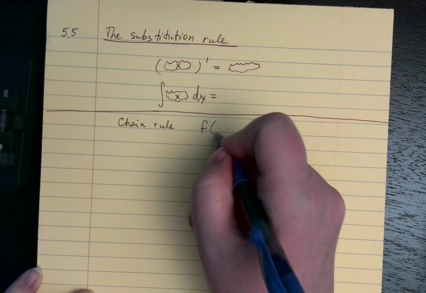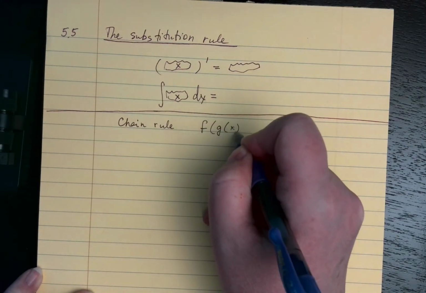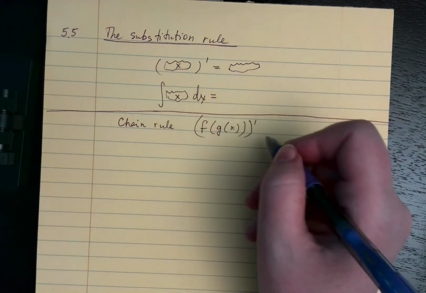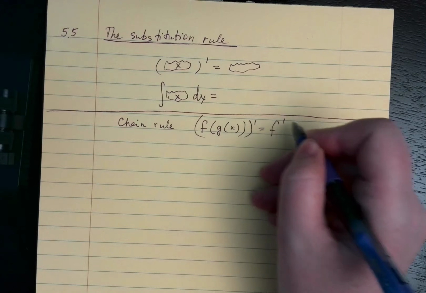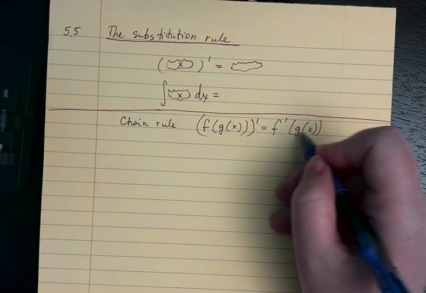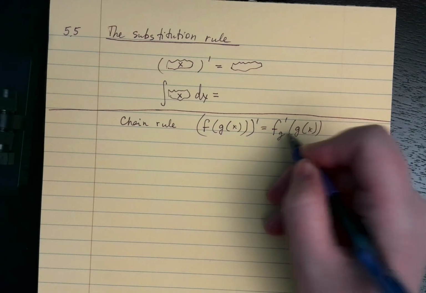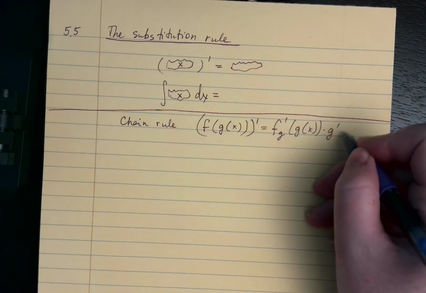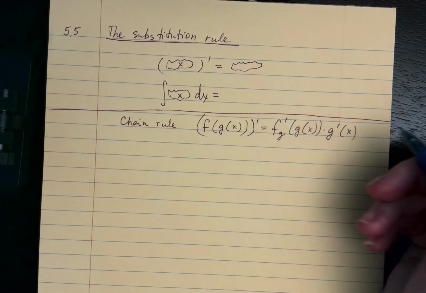If we have a composed function f of g of x and we want to differentiate it, we will get f prime of g of x, as if g was the whole variable. And then we have to multiply it by the inner prime, g prime of x.